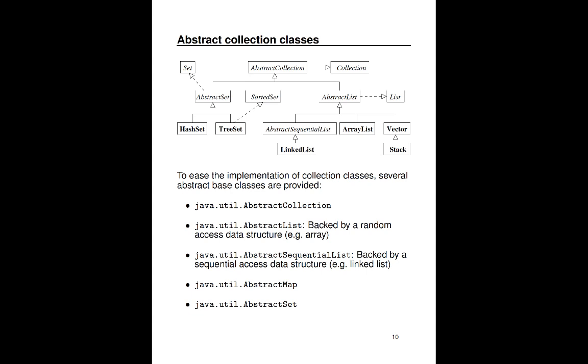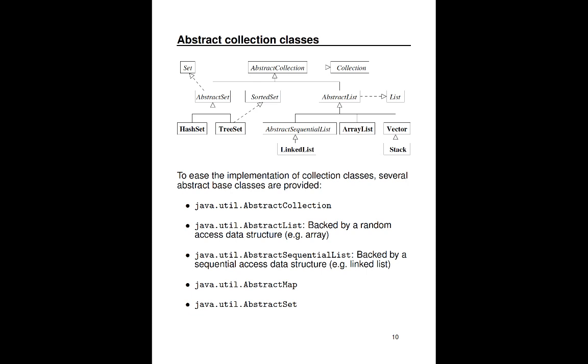But at the end of the day, you'll need to create some objects, and of course, those need to be concrete. So the Java Util API, the Collections API, also contains a bunch of classes that implement these interfaces and provide various implementations of the collections, of the data structures that are modeled by the interfaces.